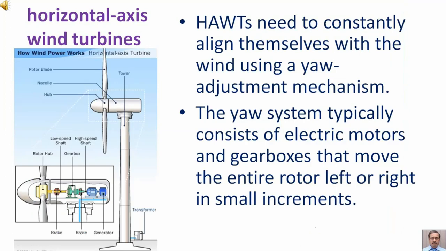HAWTs need to constantly align themselves with the wind using a yaw adjustment mechanism. The yaw system typically consists of electric motors and gearboxes that move the entire rotor left or right in small increments.